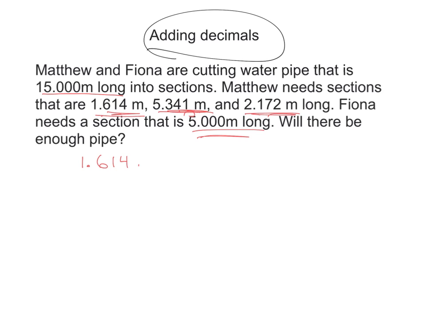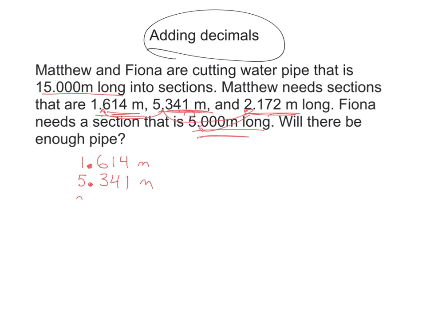1.614 meters. Now here is the key to adding decimals. The decimal places have to line up. So when I go to stack these, the 5.341, the decimal places have to be one above the other, so that our tenths are in the tenths place, the hundredths are in the hundredths, and the thousandths are in the thousandths.